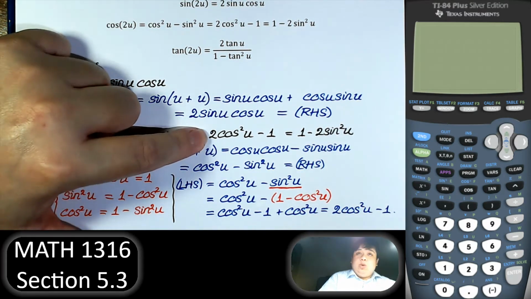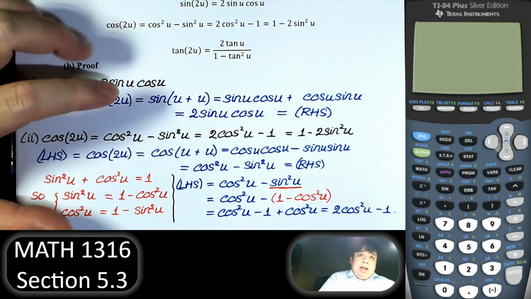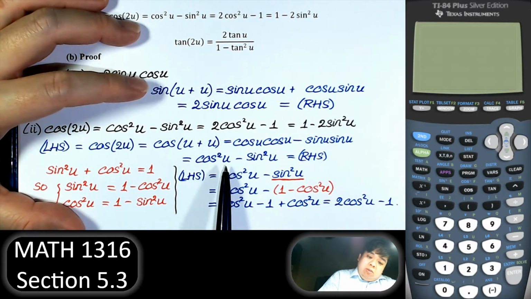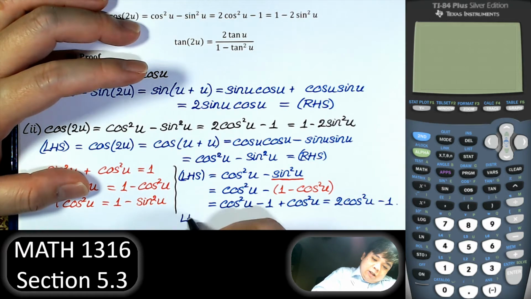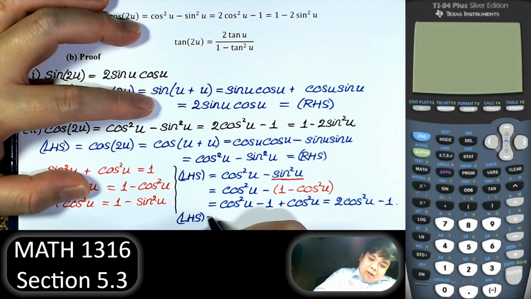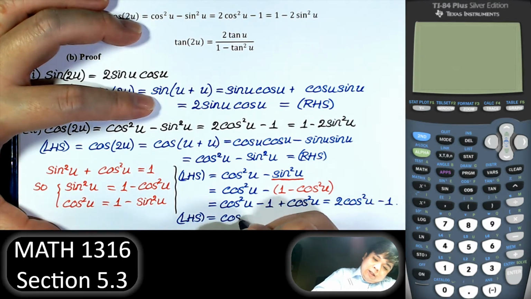Of course, that is equal to this one. Now, same thing, if we start from the left hand side, we will have cosine square minus sine square.